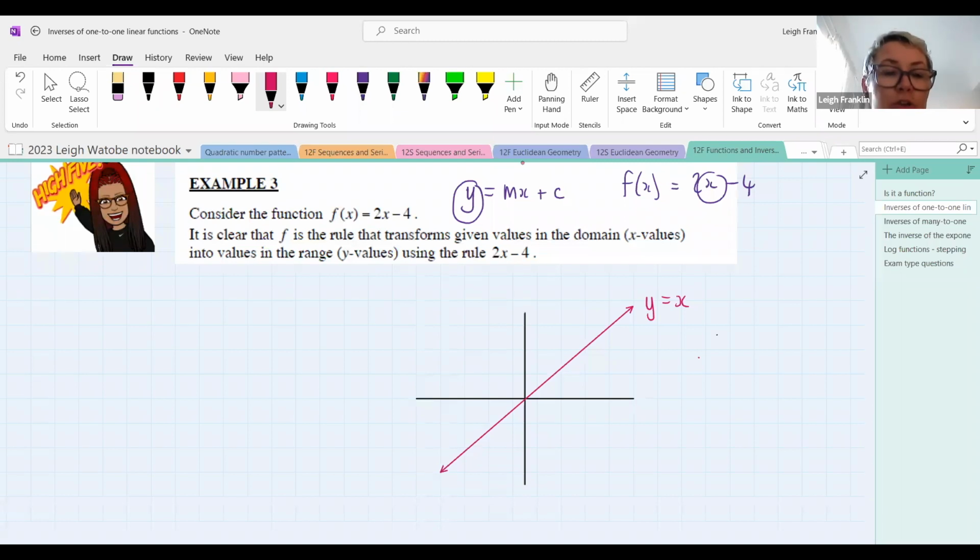So let's jump back to our linear function, f of x equals 2x minus 4. All right, so the rule that transforms the given values in the domain, so in other words, our x values, into values in the range, the y values, using the rule 2x minus 4. So all they're saying is that f is a rule that takes inputs and changes them into outputs according to the rule 2x minus 4, okay?